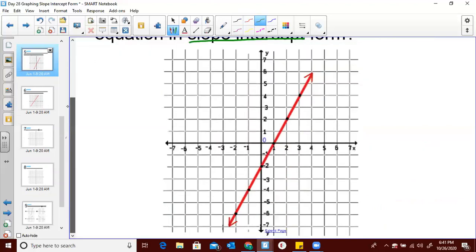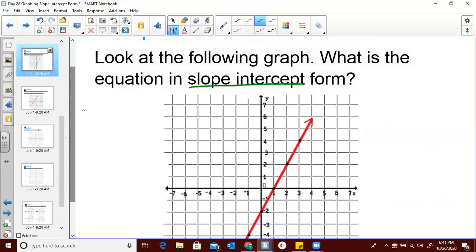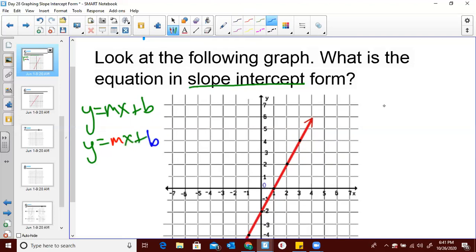So just as a reminder, remember our slope-intercept form is y equals mx plus b, where your m equals your slope, and where your b equals your y-intercept.